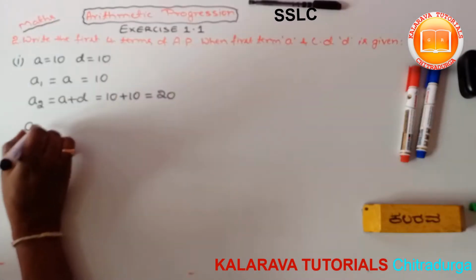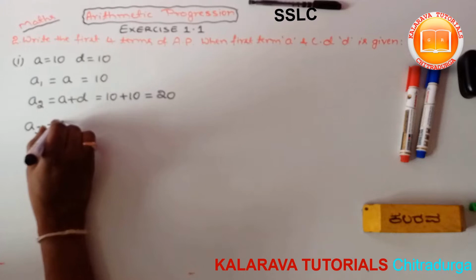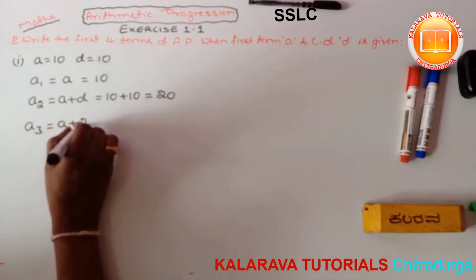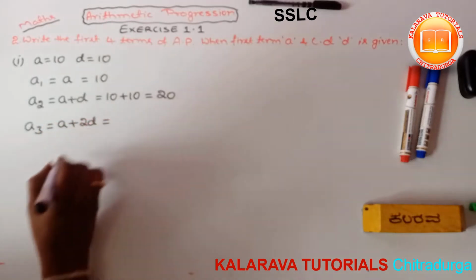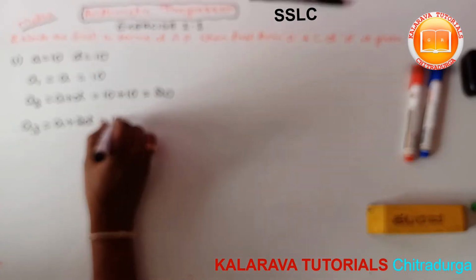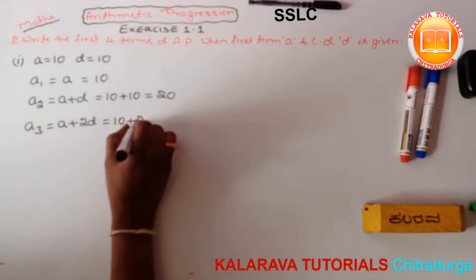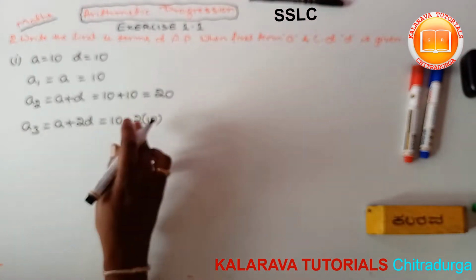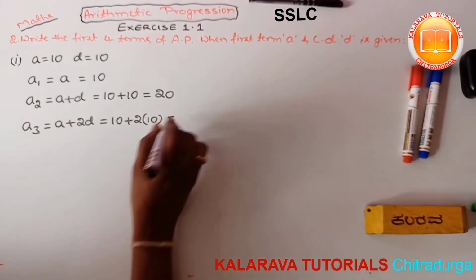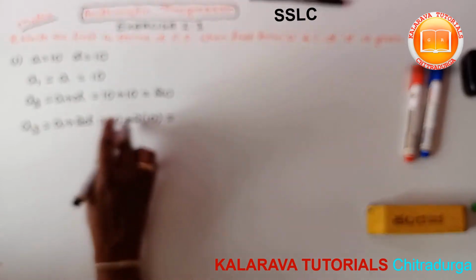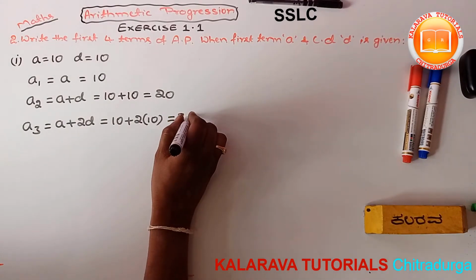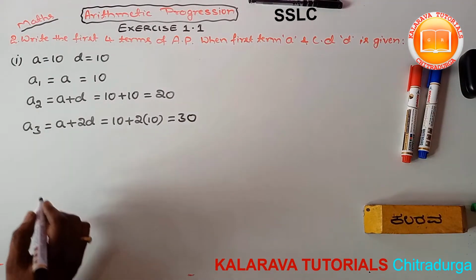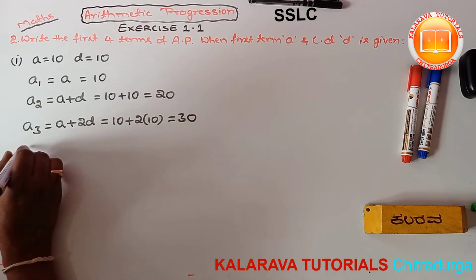And for finding the third term, A3 is equal to A plus 2D. A is 10 plus 2 into, in the place of D we substitute 10. So 10 into 2 means 20, 20 plus 10, that is equal to 30. This is the third term.